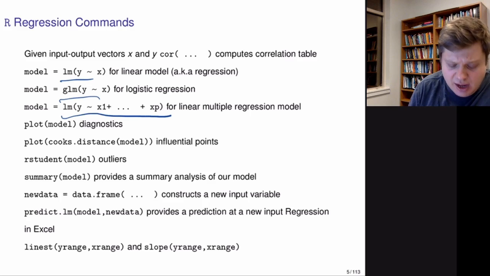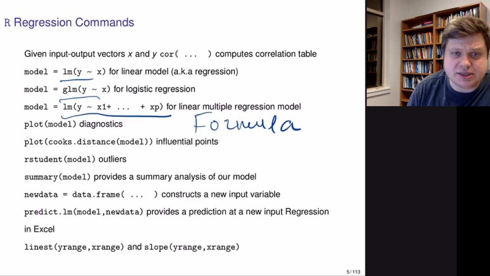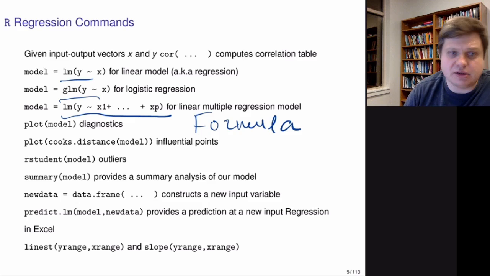So in R they call it formula. So you basically say, what your mathematical formula describing the relation between x and y looks like, and you can add things to this formula. You can say, for example, product of x1 and x2 also affects. So you can add x1 star x2 to the formula.